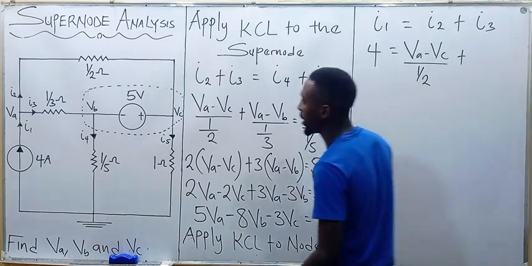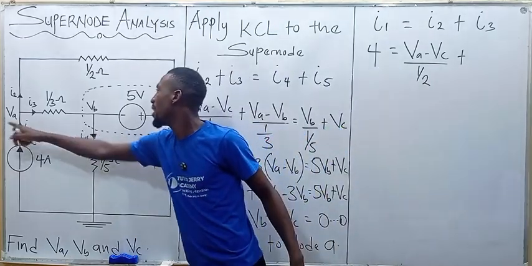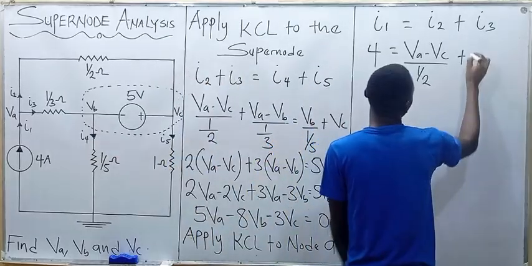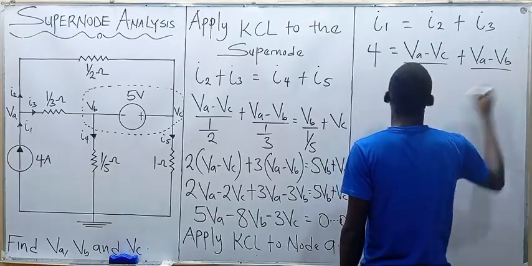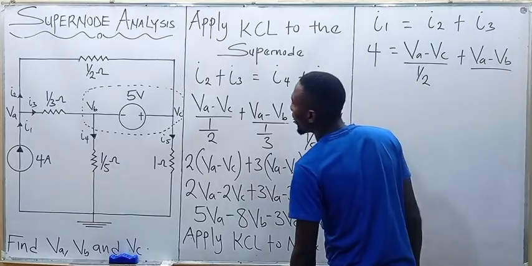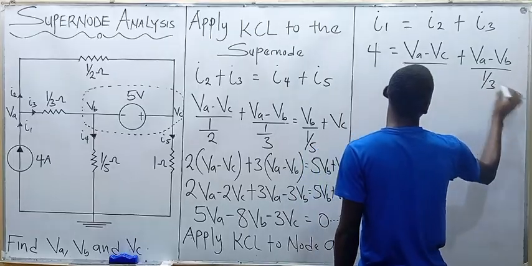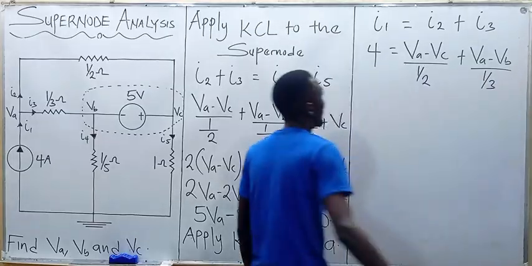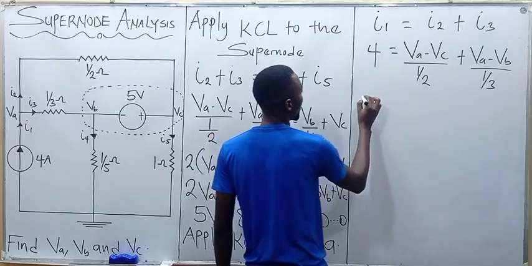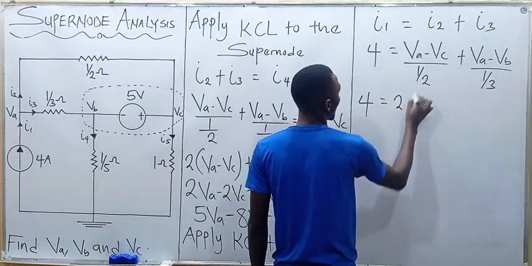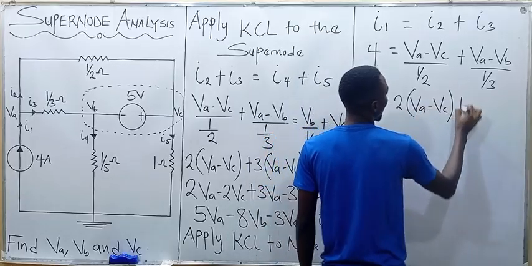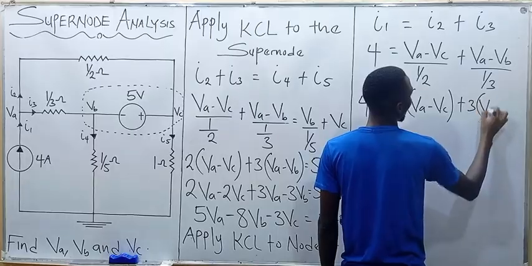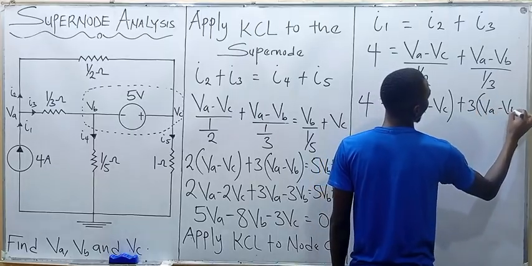Our I3 is between VA and VB, so it's VA minus VB all over 1 over 3. Now this becomes 4 equals 2 into VA minus VC plus 3 into VA minus VB.